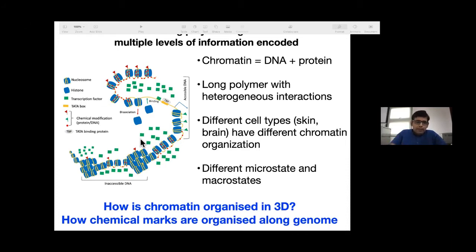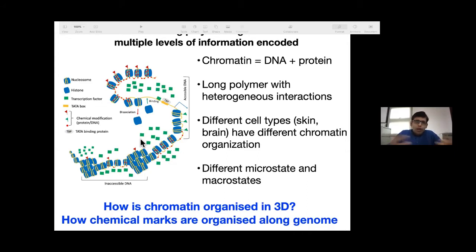So chromatin is a long heterogeneous polymer with heterogeneous interactions. Due to protein binding and all these chemical modifications, the chromatin can have different microstates and macrostates. It's an interesting question to define these states and understand which states are important for biological processes.